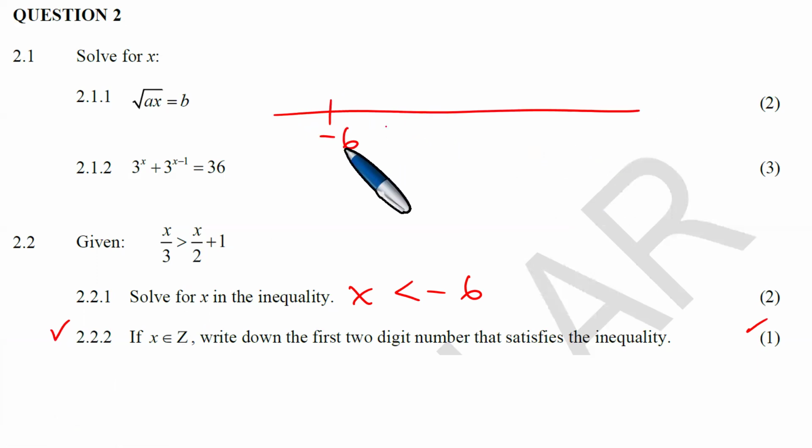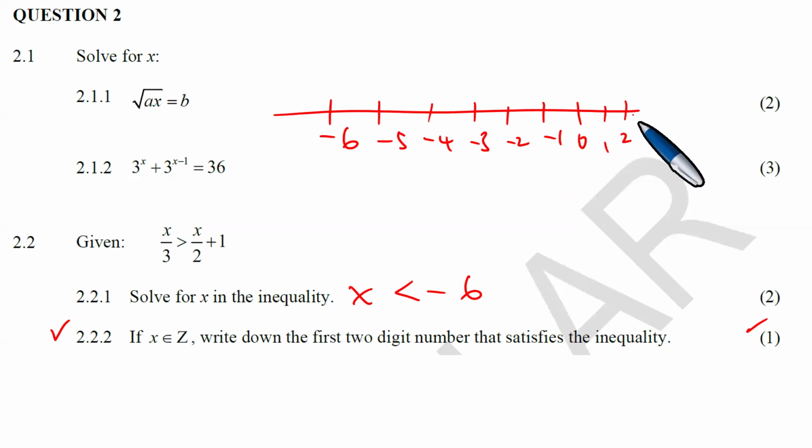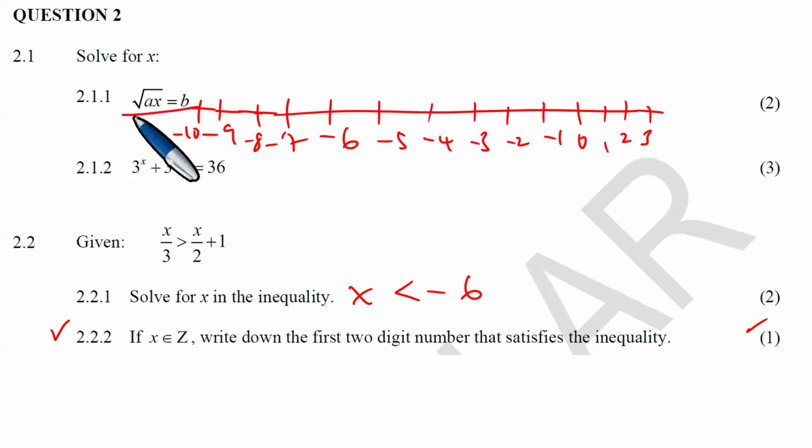So you can put -6 here, -5, -4, -3, -2, -1, 0, 1, 2, 3, and so on. And then you can put -7, -8, -9, -10, and -11. But now you're saying x is less than these, but x is an element of what?